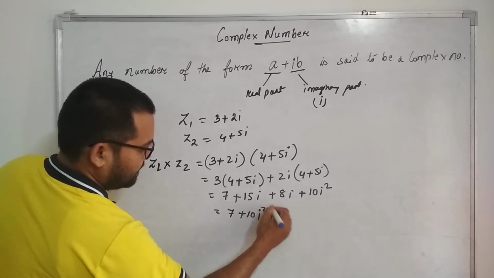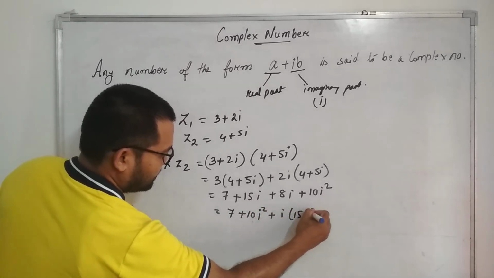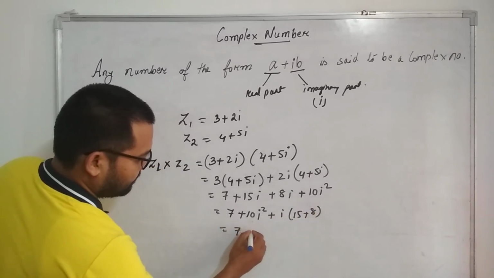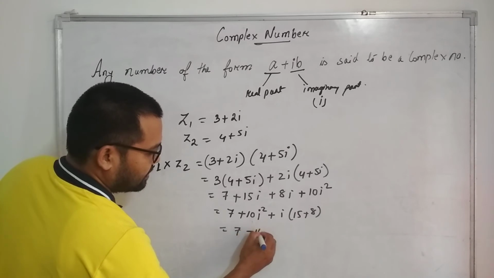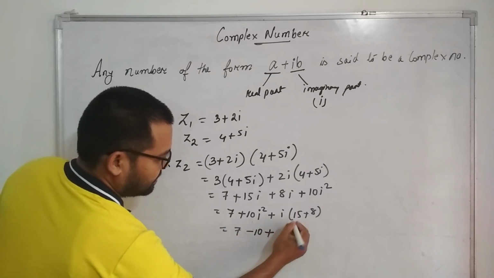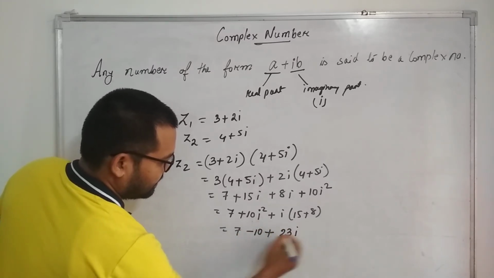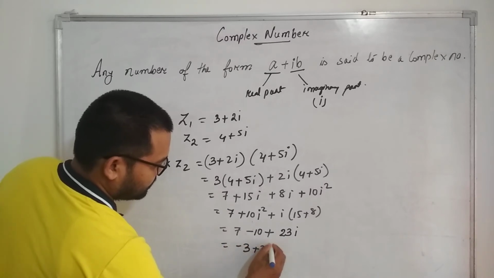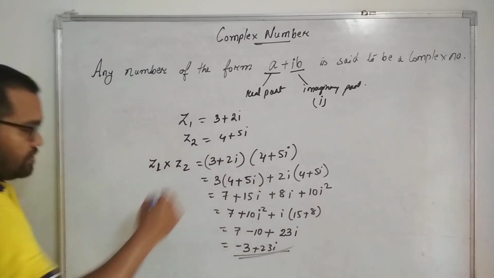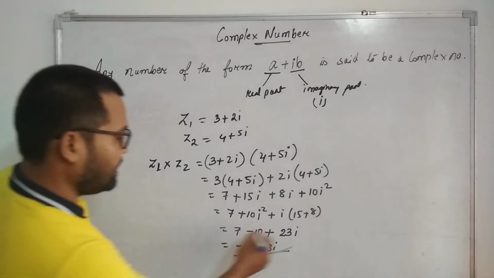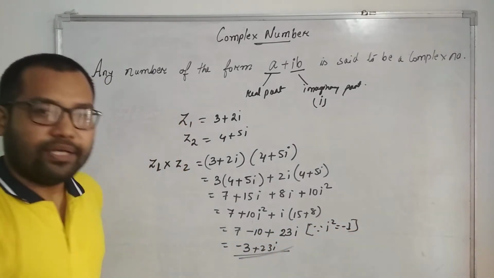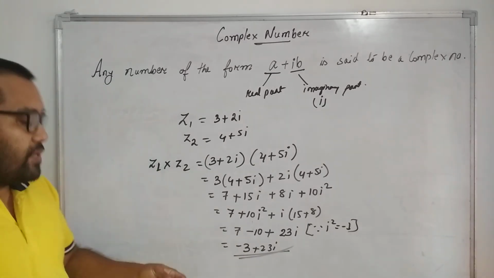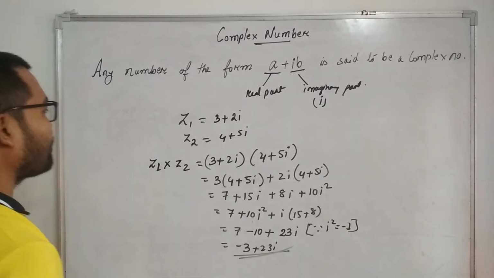I bring the real part here, and take i common: 15 plus 8. 12 plus 10 i square, and i square is minus 1, so 12 minus 10 is 2. So 2 plus 23i. This is how the calculation works, because i square equals minus 1 and we substitute the value. This is all about multiplication.